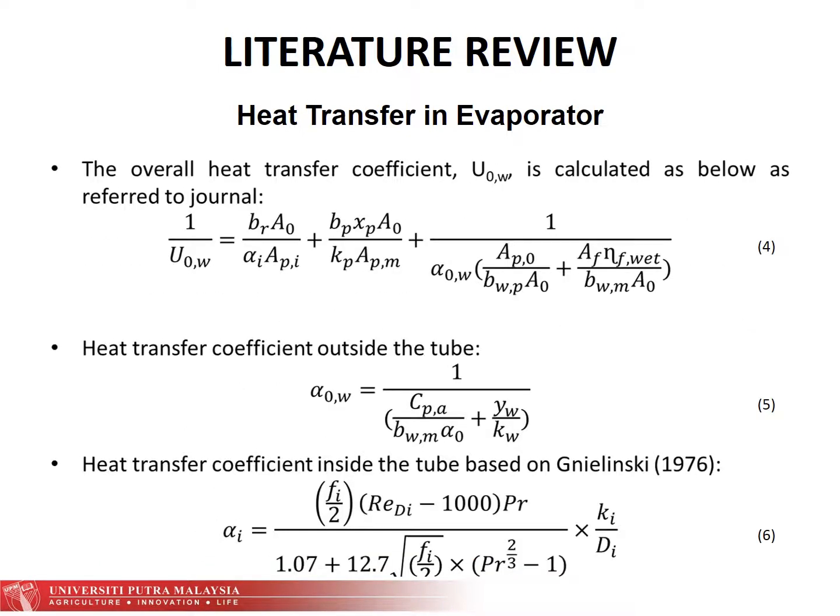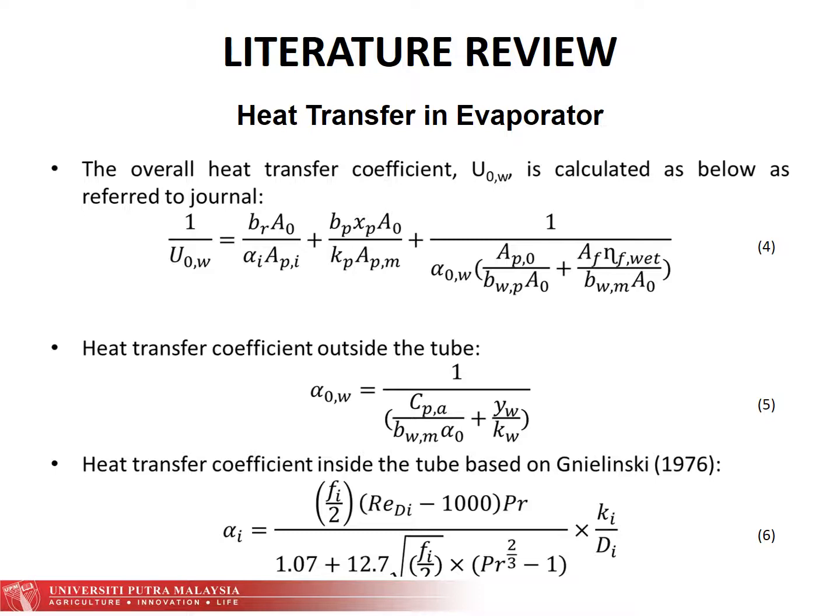The overall heat transfer coefficient can be calculated by using equation 4 referred to the journal. As you can see, they are separating into 3 parts on the right hand side of equation 4. The first part is indicating the properties of the fluid and the surface area on the inner side of the tube.